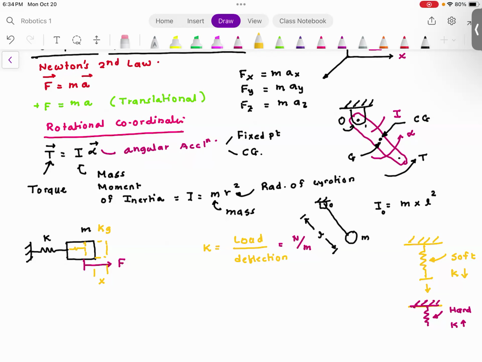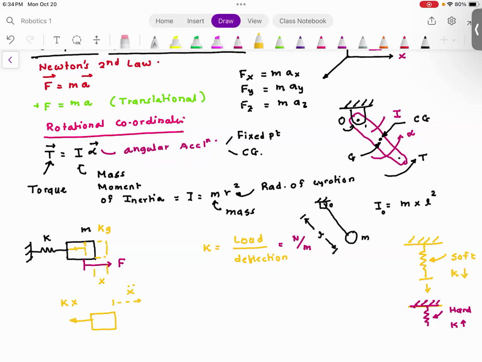You stretch the spring, pull the mass and let it go. So what's going to happen is you have this spring applying the force, which is K times X, and the mass is accelerating in this direction.